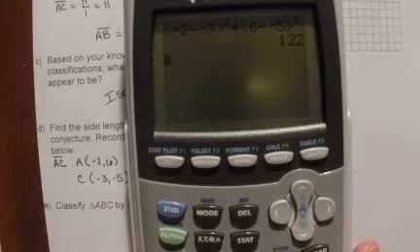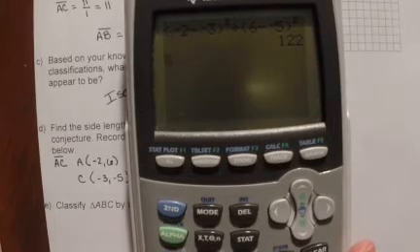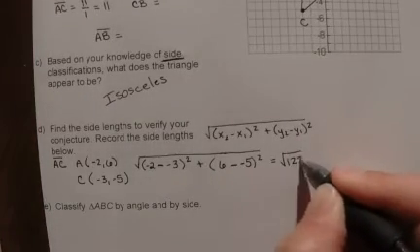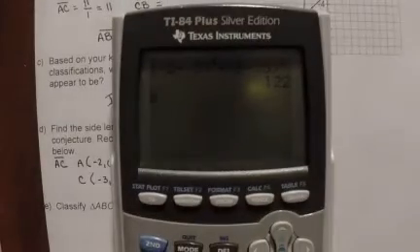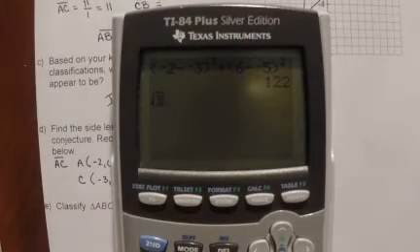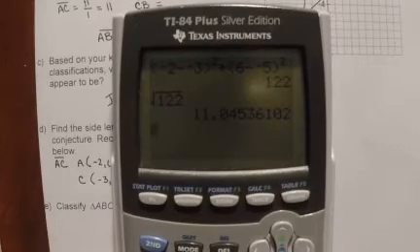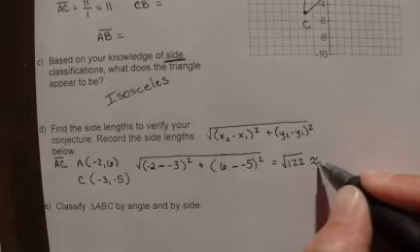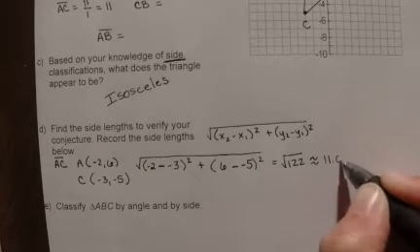So AC should be the square root of 122, if I put that in correctly. Then I do the square root of 122 and hit enter, and it's approximately 11.05. Again, approximately is just wavy lines.